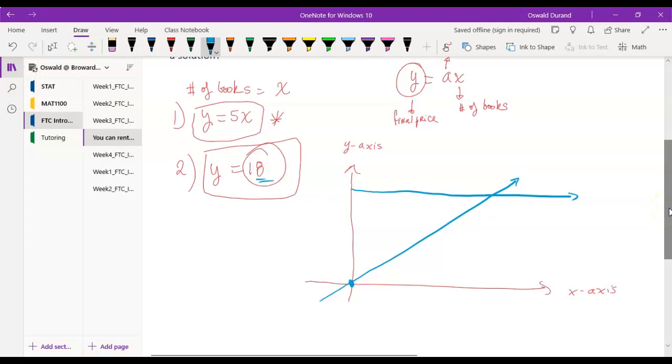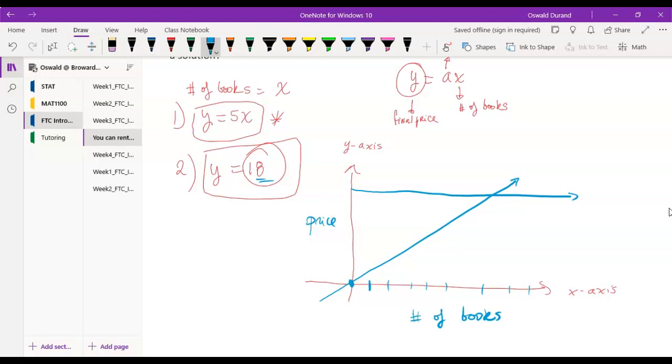Well, the x-axis represents the number of DVDs, not DVDs, I'm sorry, of books. I forgot to change that. And here you will have the final price, or the price. So the price will be 18 here, and then here for each, for example, for one book it'll be 5, 2 books 10, 3 books 15, and so on, and they're going to meet at a certain price.